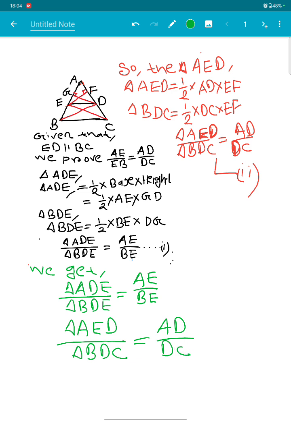So what do we prove? If we prove that the left sides of equations 1 and 2 are equal, then our proof is complete.